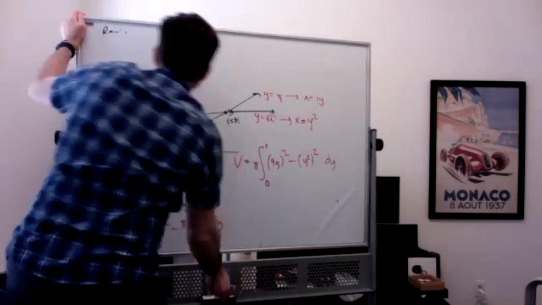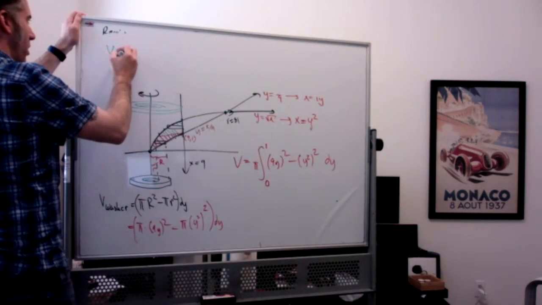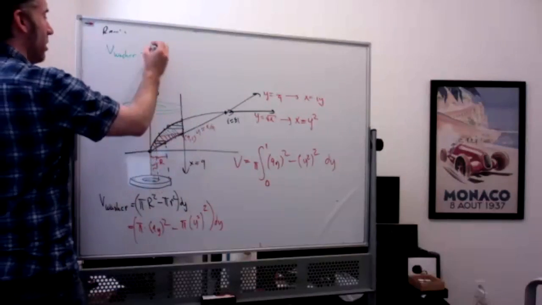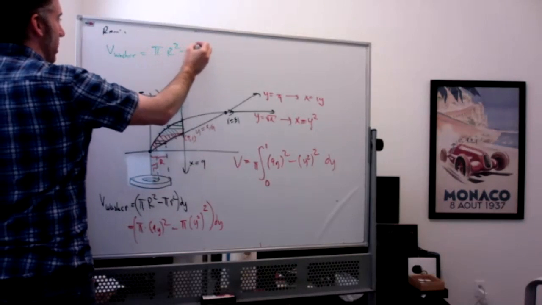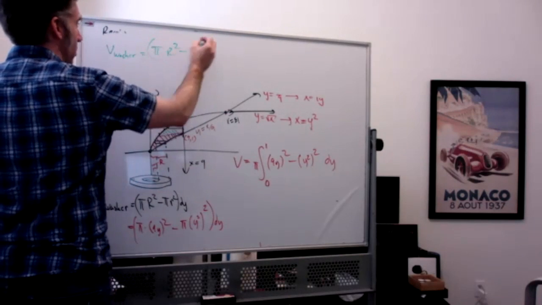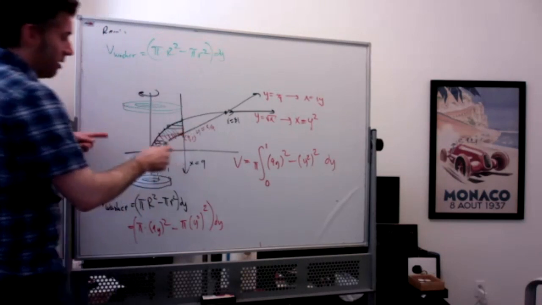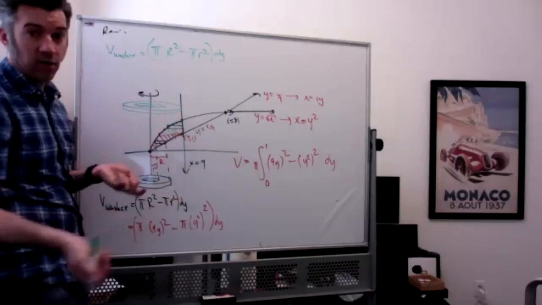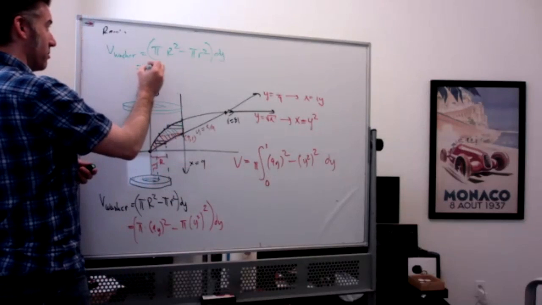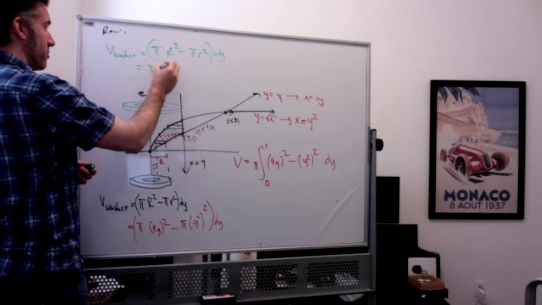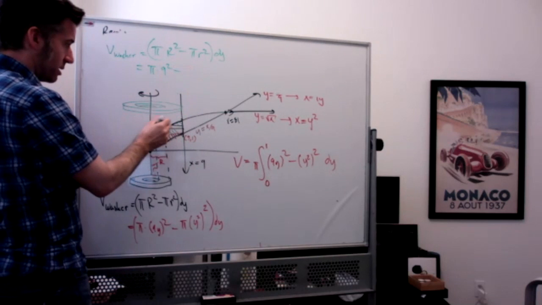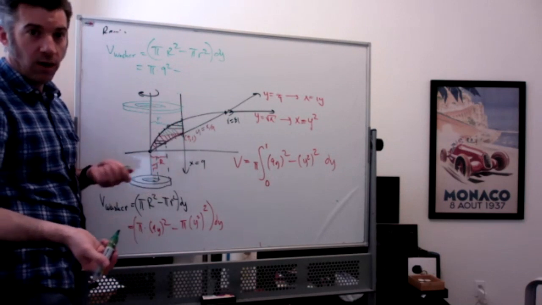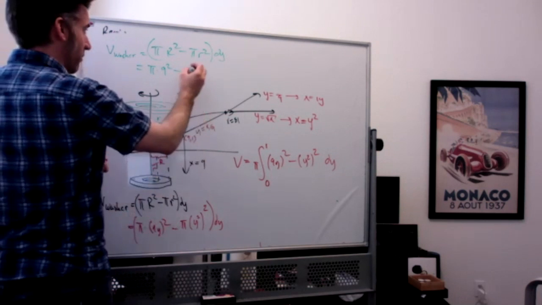This washer here, the volume of that washer, is still the same formula: pi times the big radius squared minus pi times the little radius squared times dy. But now my outer radius is different. No matter where I draw this strip, the outer radius is x equals 9. The inner radius is still the y equals square root of x, or x equals y squared function.